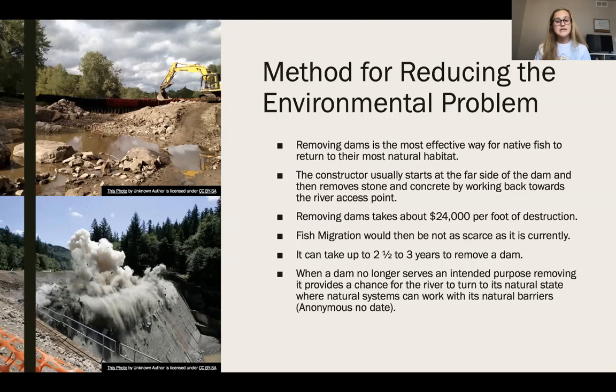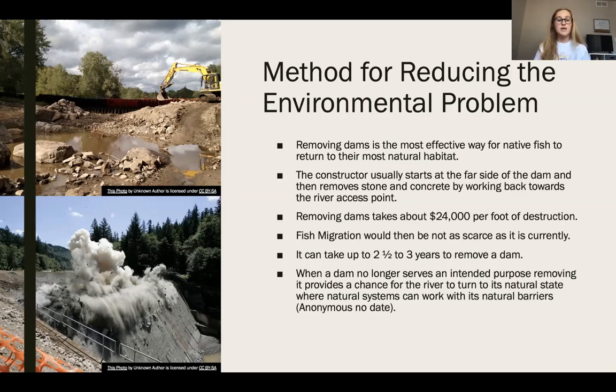Removing dams, like I said, is the most effective way for native fish to return to their most natural habitat. The constructors usually start at the far side of the dam and then remove stone and concrete by working back towards the river access point.